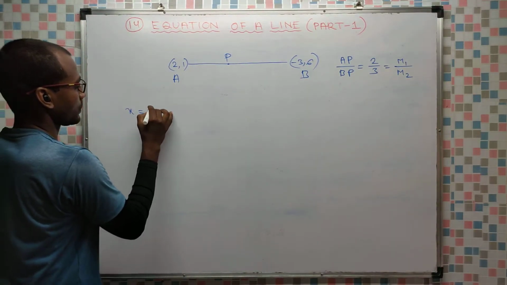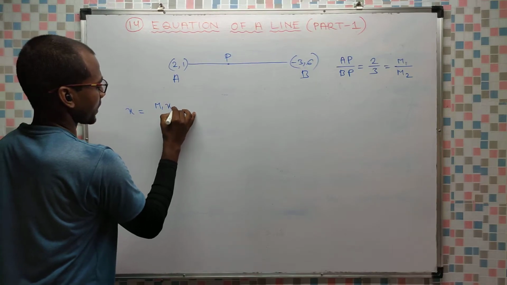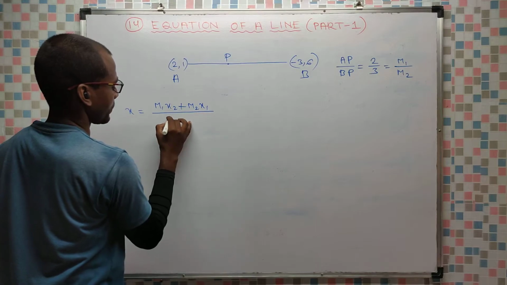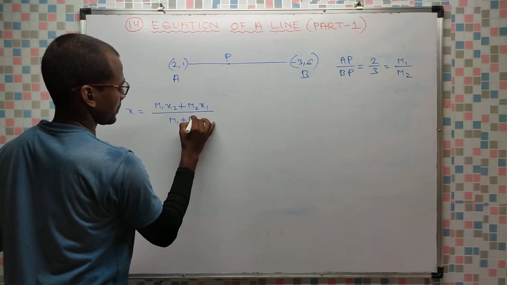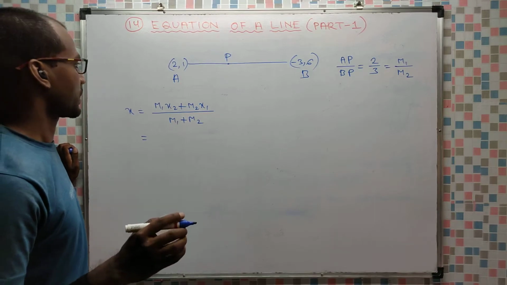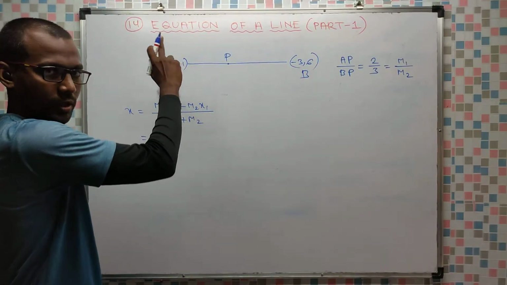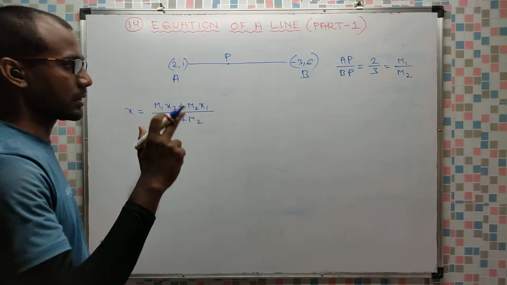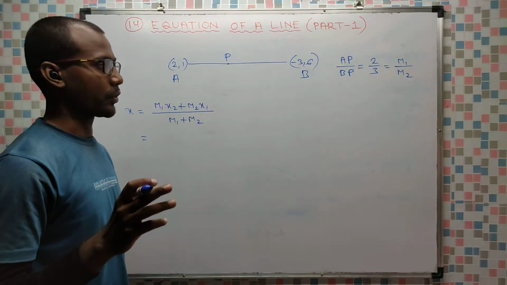x is equal to (M1 x2 plus M2 x1) by (M1 plus M2). This is x1 y1, I have already told you. The first point is x1 y1, the second point is x2 y2. In the previous chapter I have already told the section formula.